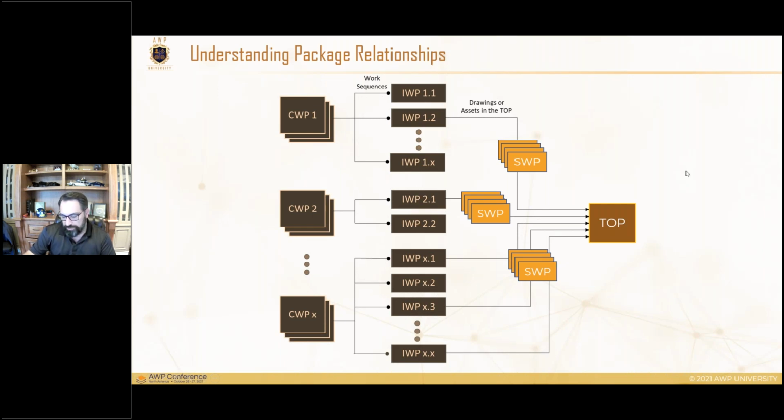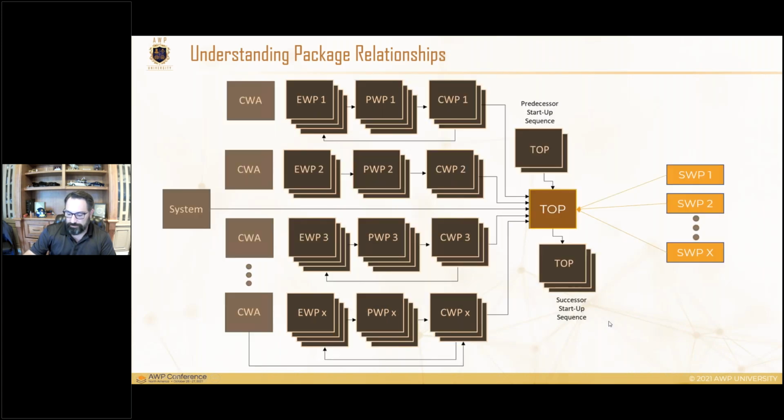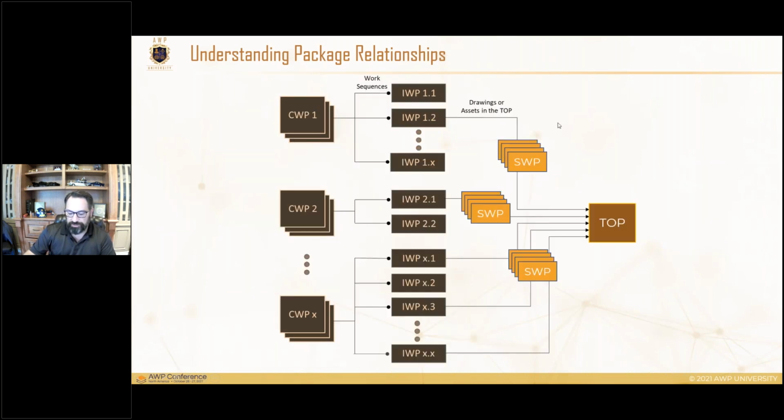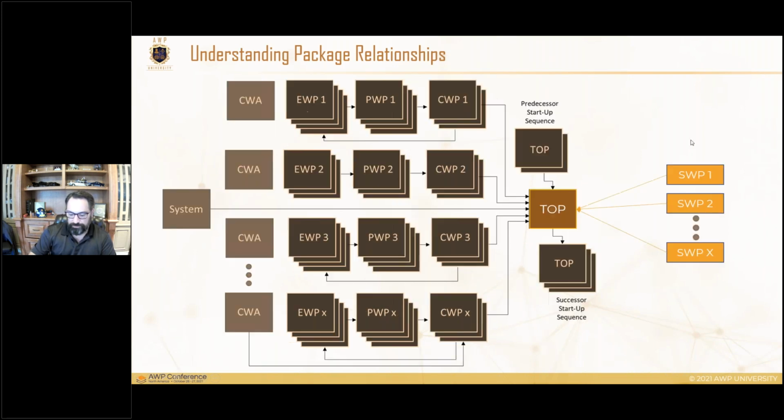Okay, let's look at the turnover package from a little bit different position. So the CWA, the EWP, the PWP, and the CWP in that interaction, identifying the scope of the turnover package. So this is early scoping. This is execution. So during execution, this is the flow of information.